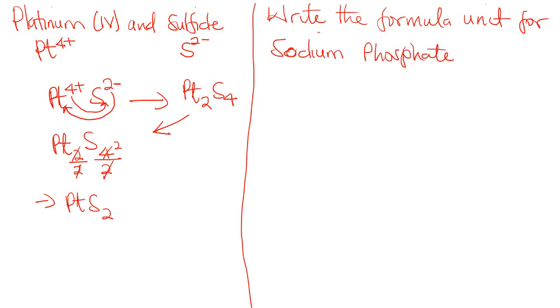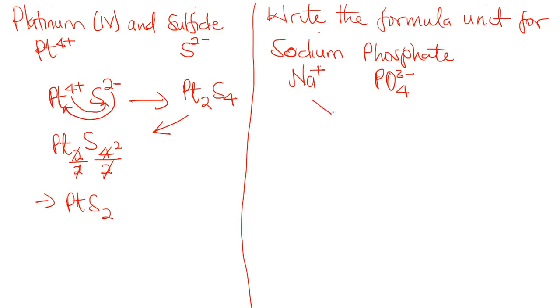So really what you need to do is go on the periodic table and find out what sodium is. The ion for sodium is Na+. For phosphate, you have a table that has that information, but the ion is PO4 3-. Now you want to determine the formula unit for this.